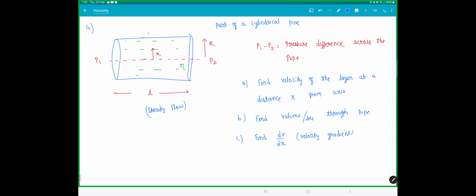Actually, all are related. So be careful here. dv by dz is not equal to v2 minus v1 by z2 minus z1 here. This is a thick layer. If I don't mention thin layer, don't use it. But then again, at mains level, they'll never ask you thick layer. So you can be clear with that.